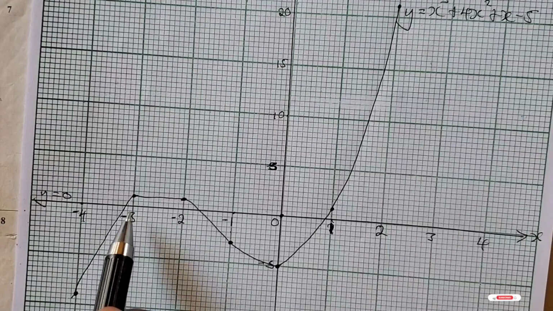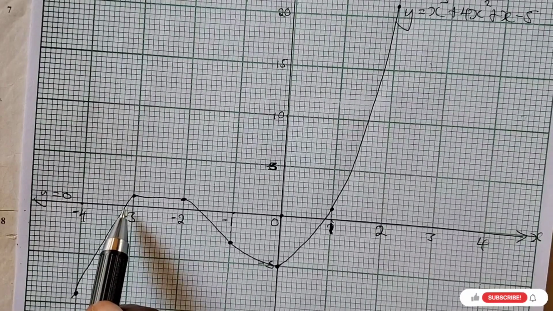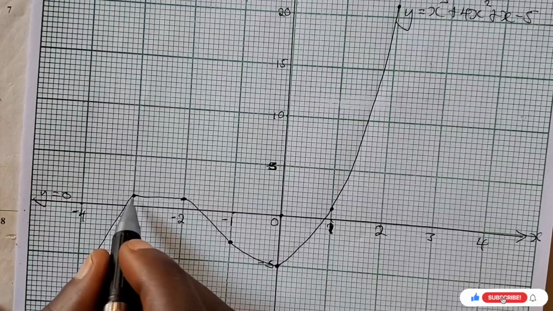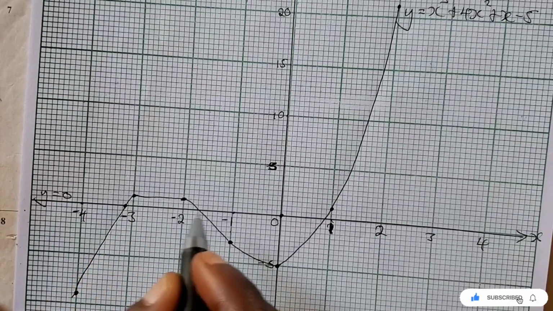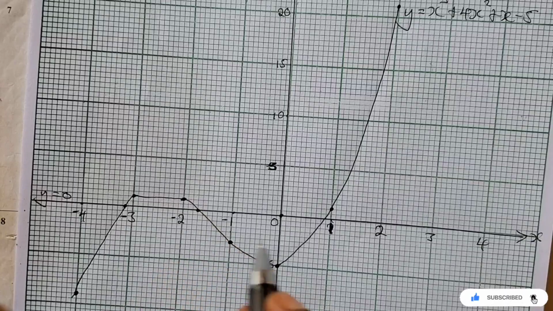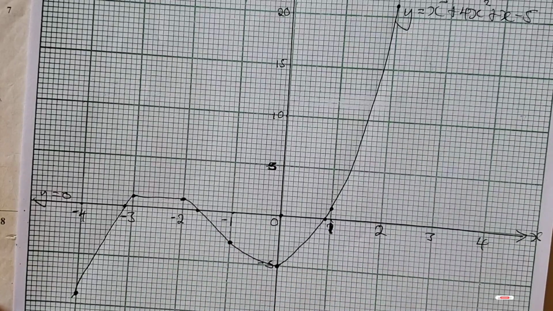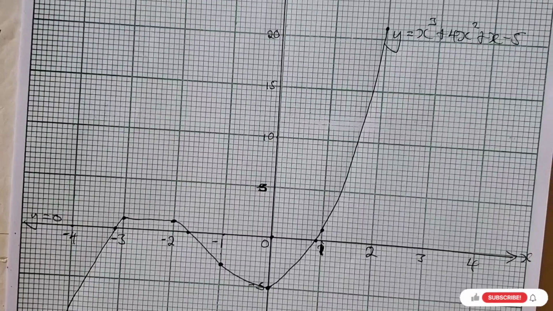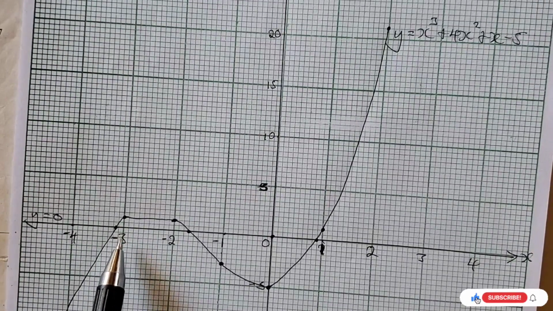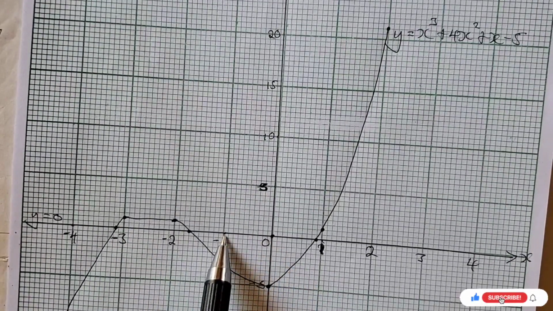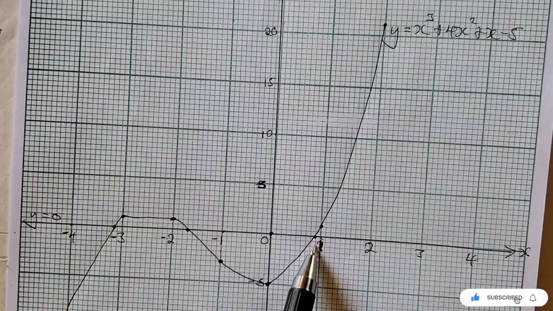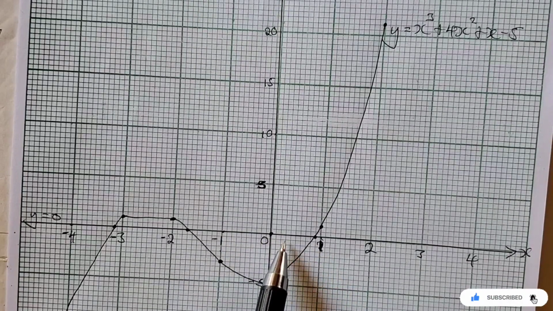The values of x are where the curve is cutting the x-axis. So our solution should be here, and here. This is where the curve is cutting the x-axis. Since 2 centimeters represent 1, and there are 10 boxes, each single box is 0.1.